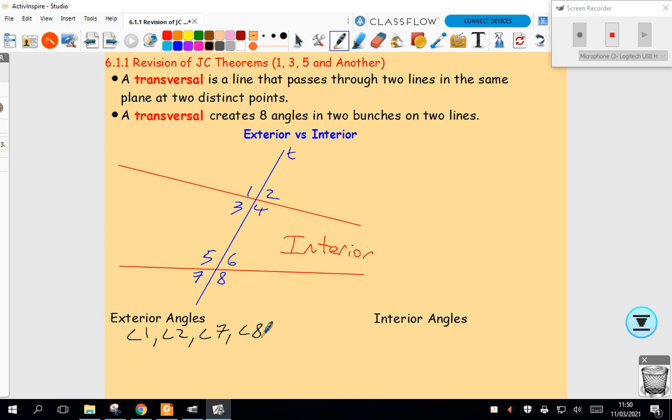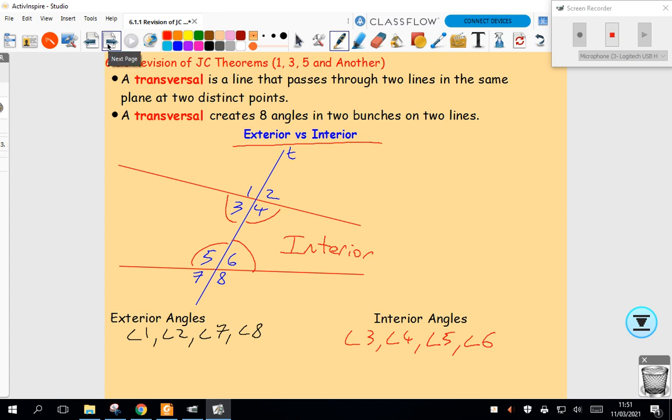The interior angles are in the interior: angle 3, angle 4, angle 5, angle 6. Notice when I'm writing angles, I put my angle symbol in front of it. So interior angles and exterior angles, you've got to know which are which.